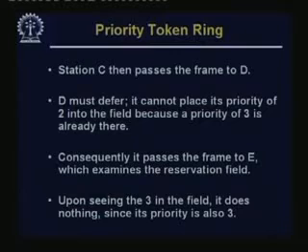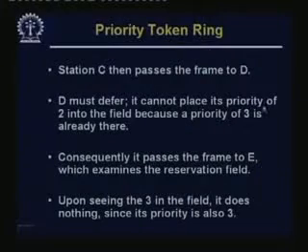D must defer, because if you remember, we had the priority of 1 for A, 2 for B and D, and 3 for C and E. So it came from A to B, B put a reservation of 2, then C overrode this with a priority of 3. Now D sees that there is a priority 3 waiting, and D only has a priority of 2, so it has to defer.